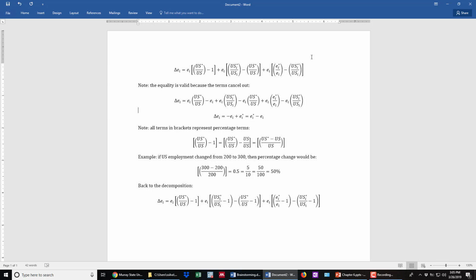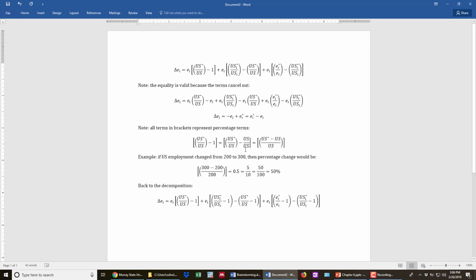Now, another thing that I wanted to emphasize is that all the terms in brackets represent percentage terms. Let's start with the first one here, the first bracket. Notice that instead of 1, I'm going to write total employment in US divided by total employment in US.